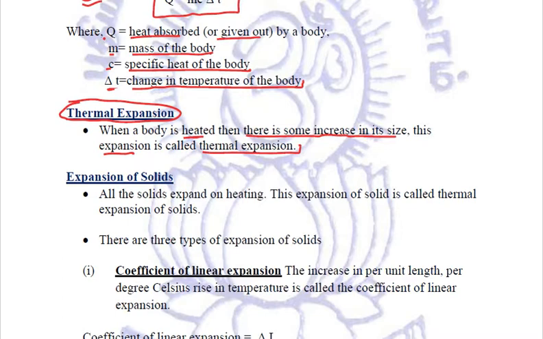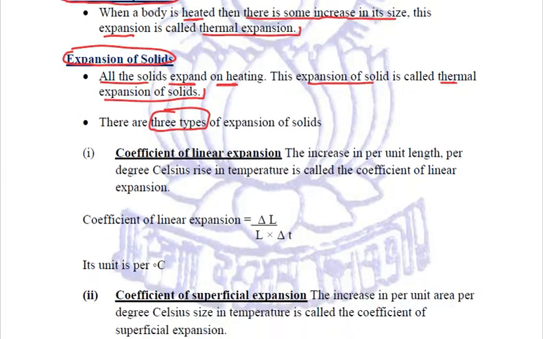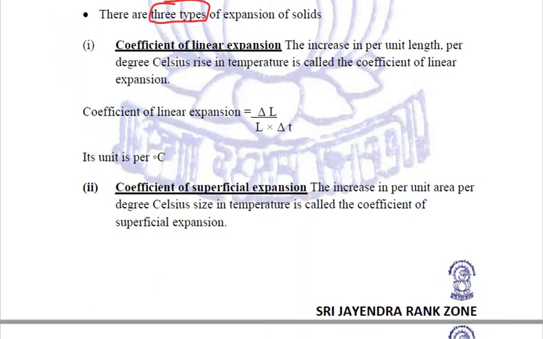All solids expand on heating, and this expansion of solids upon heating is called the thermal expansion of solids. There are three types of thermal expansion of solids. Let us understand all three one by one. First is the coefficient of linear expansion.